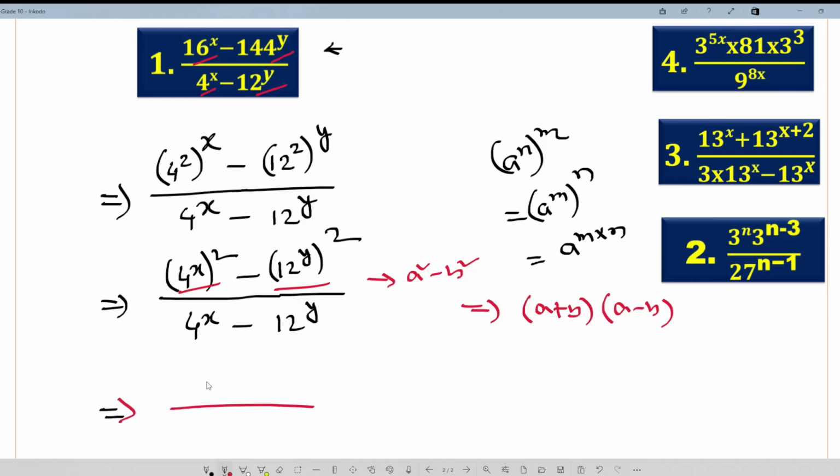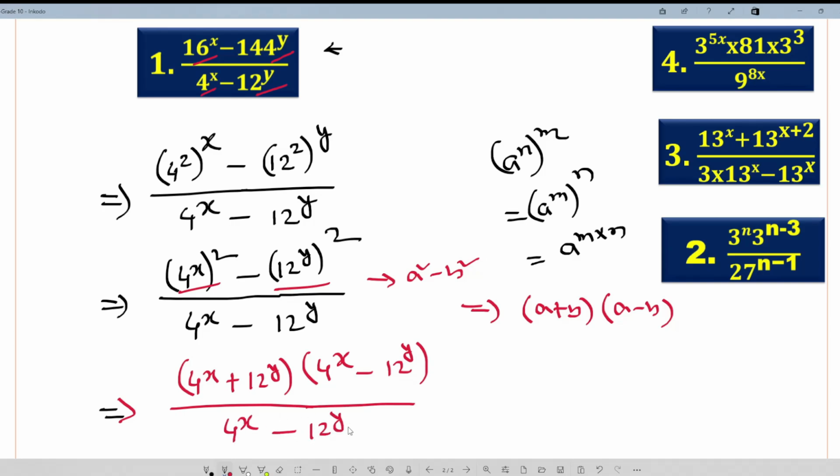Similarly, we can write 4 to the power x plus 12 to the power y, times 4 to the power x minus 12 to the power y, in the denominator 4 to the power x minus 12 to the power y. So look, we can cancel this one. So our answer is 4 to the power x plus 12 to the power y. Very simple math but very important math.